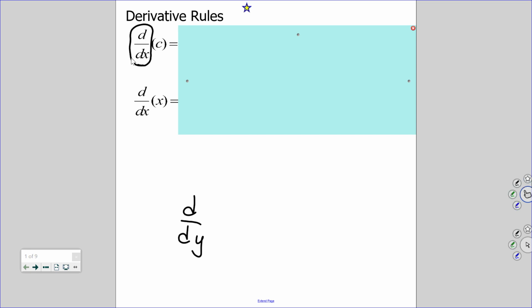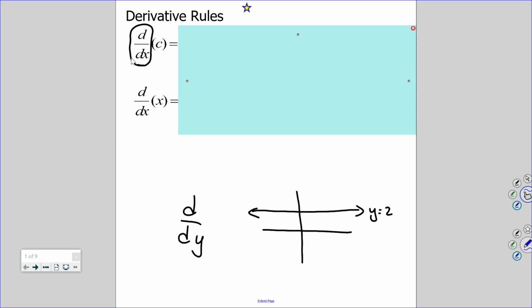So one of the first derivative rules that will be helpful for you, instead of having to go through the whole definition of derivatives, we're going to start out with c. So c in this case represents a constant function. If you think about a graph of a constant function, something like, let's call it y equals 2.